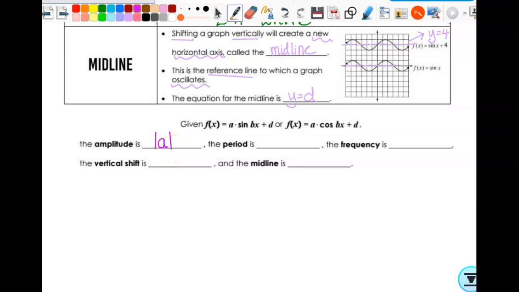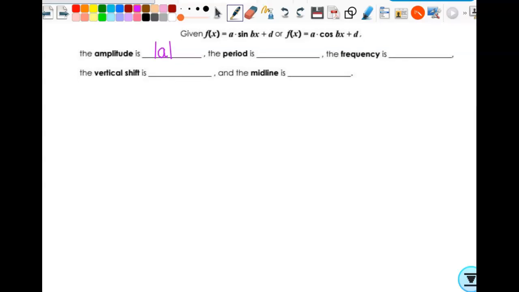Period and frequency are both related to each other. The one that you get directly from the equation is the frequency. That's the absolute value of B. The period, which is what you're going to need to figure out, you take 2 pi and divide it by the absolute value of B. If I have the period and I need the frequency, another way to look at this is that the absolute value of B equals 2 pi divided by the period.